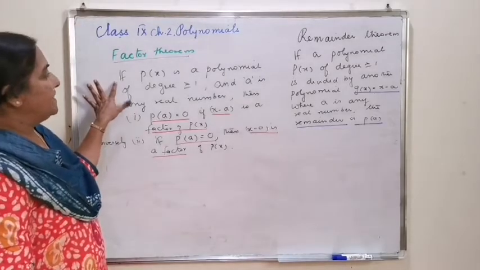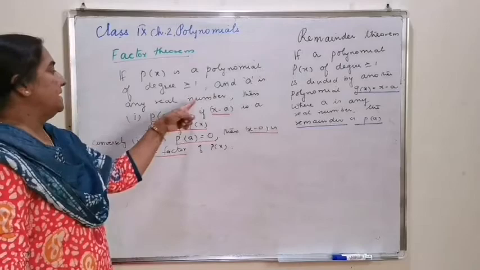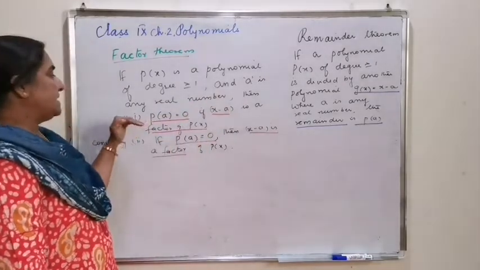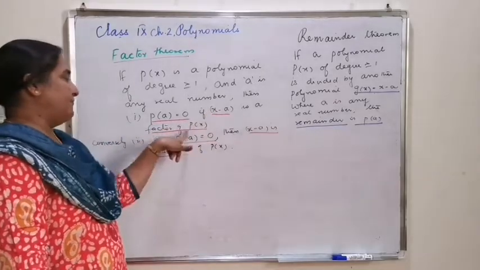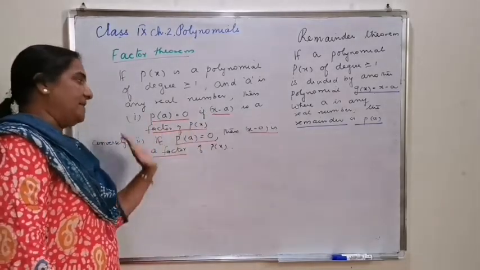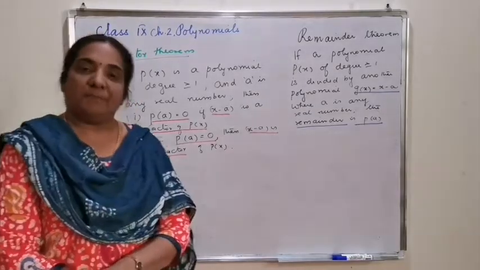That is, if p of x is a polynomial of degree greater than or equal to 1 and a is any real number, then the first concept is p of a is equal to 0 if x minus a is a factor, or if p of a is equal to 0, then x minus a is a factor of p of x.